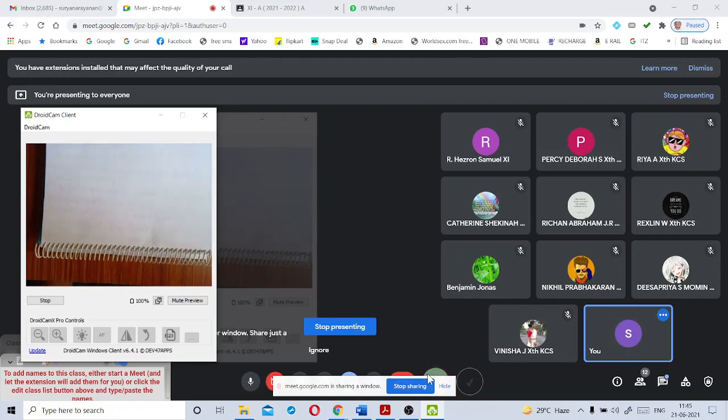Find that set separately. Understood this point, my children? Within the brackets, they have given some part. Yes or no?